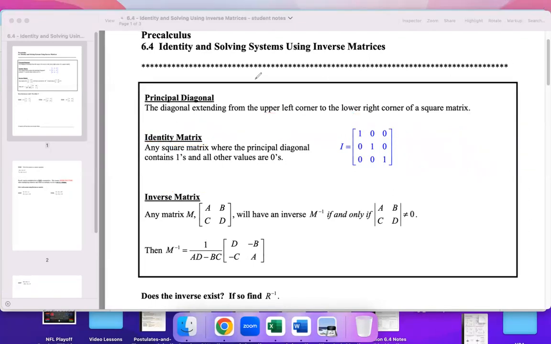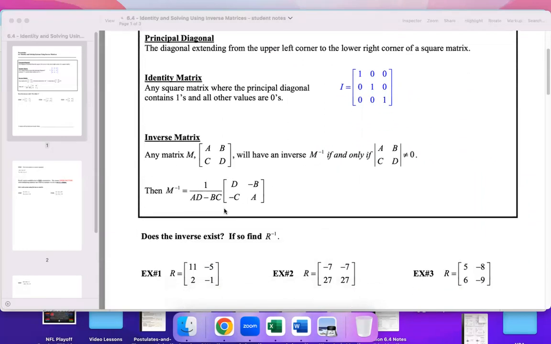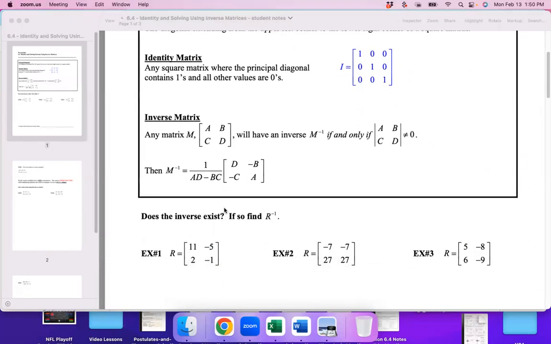Now let's talk about what an inverse matrix is. An inverse matrix, and this is a formula, by the way, which I will give to you guys. You don't have to memorize it. And it's denoted by this symbol that has a -1 as an exponent. It's just the inverse. It's like an inverse function in a way. It's just this right here. And this expression so happens to be the determinant of the matrix, which we talked about last Thursday.